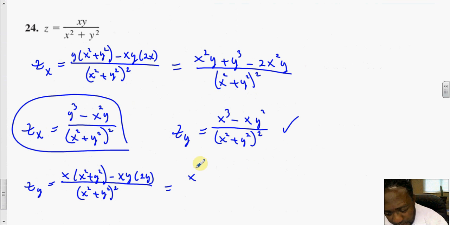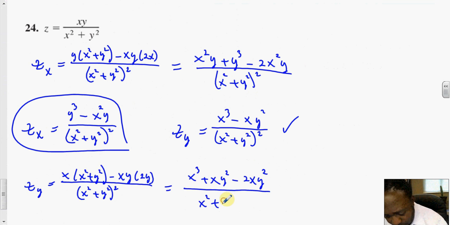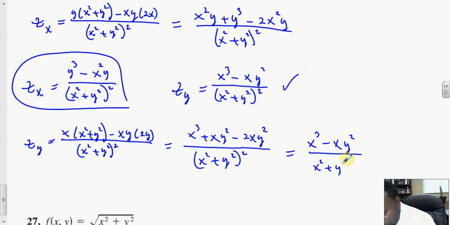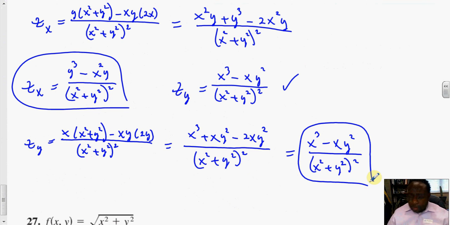So we get here x cubed plus x y squared minus 2x y squared, that's all over x squared plus y squared to the second. We simplify that, and that gives us x to the third minus x y squared all over x squared plus y squared to the second. They look to be the same.